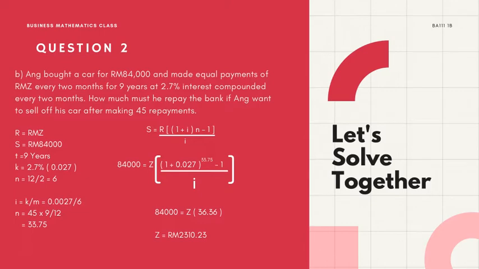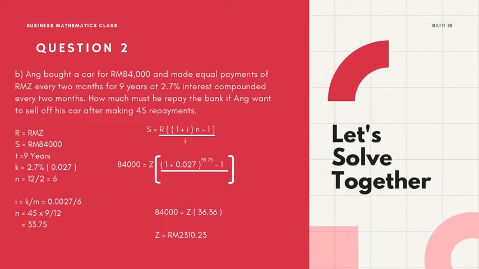i equals k per m, and we get 0.027 per 6, and n is 44 times 9 over 12, and we get 33.75. So we proceed to the next. 84,000 equals Z in the bracket (1 plus 0.0045) to the power of 33.75 minus 1, divided by i.